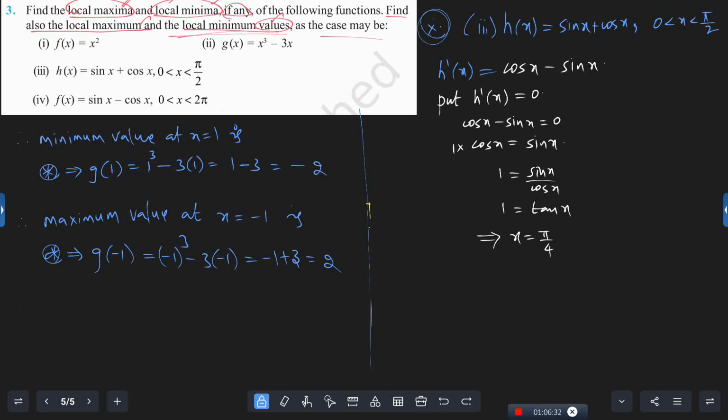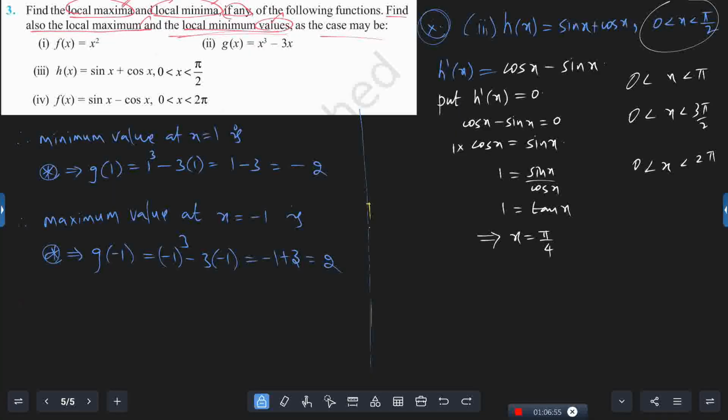Listen carefully. This is why I said this question is important. Suppose 0 less than x less than pi is given, there is a little more work. Again 0 less than x less than 3 pi by 2, there is more work. Suppose 0 less than x less than 2 pi, again more work.